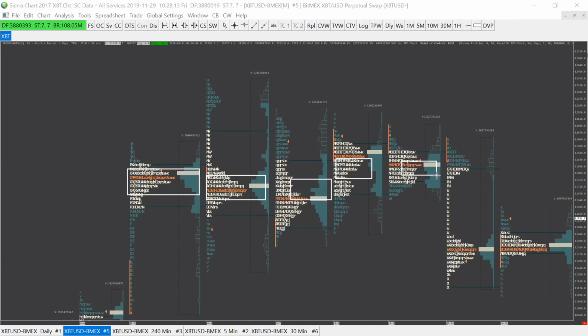Anyway, this is where the idea of value comes into play. Value is a term used to refer to the area in which, in this case, 70% of the volume was traded. And it's just highlighted here.